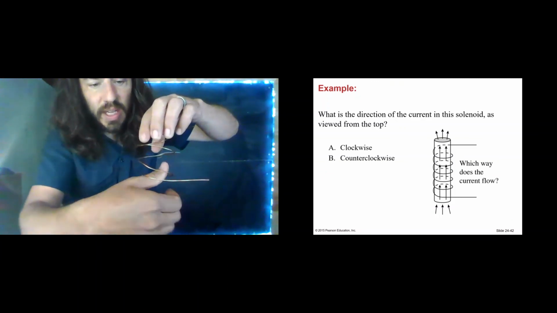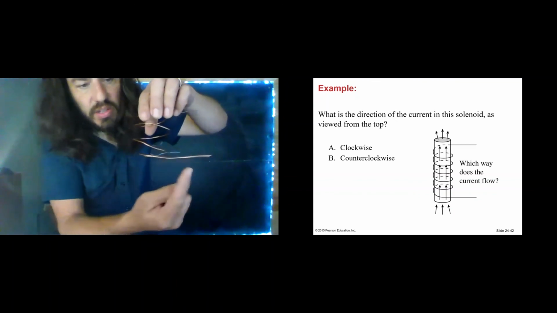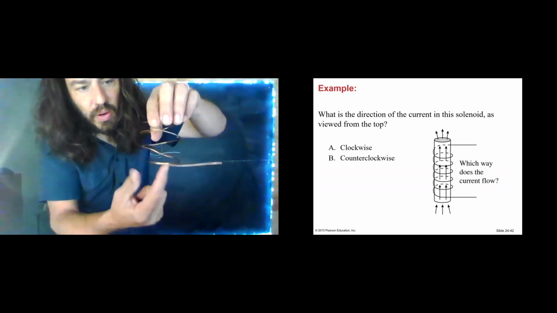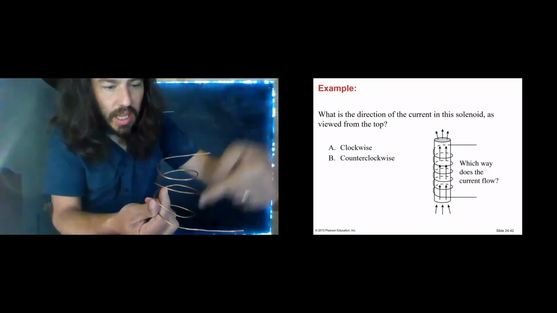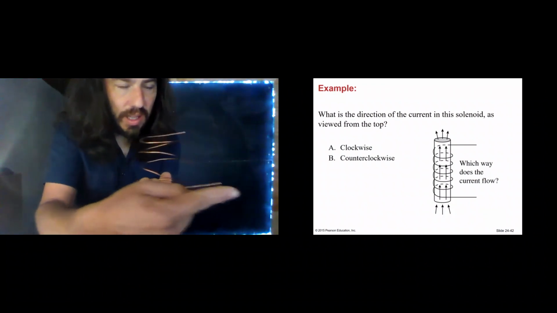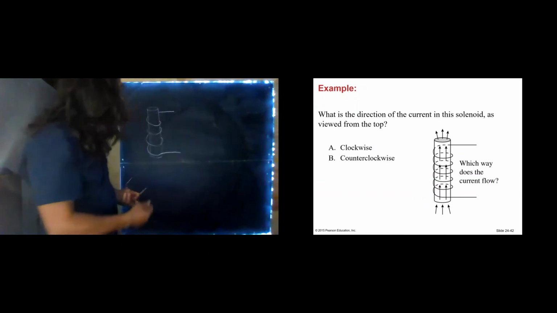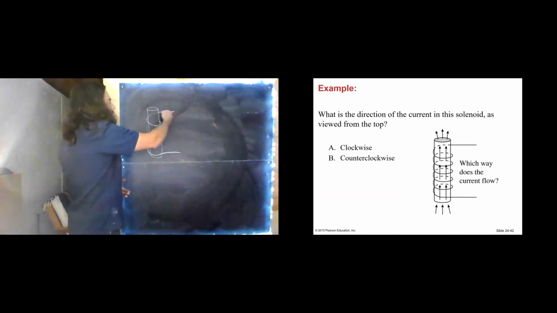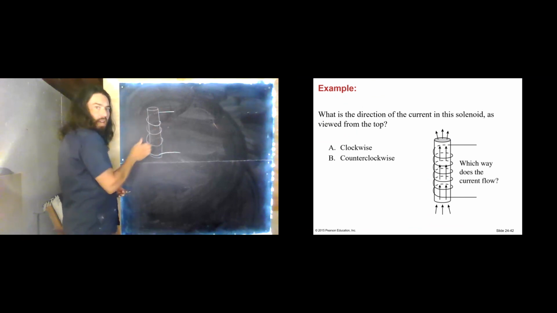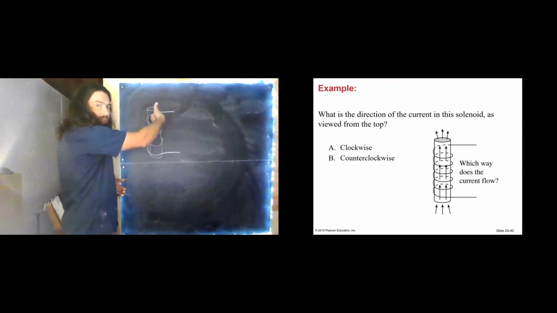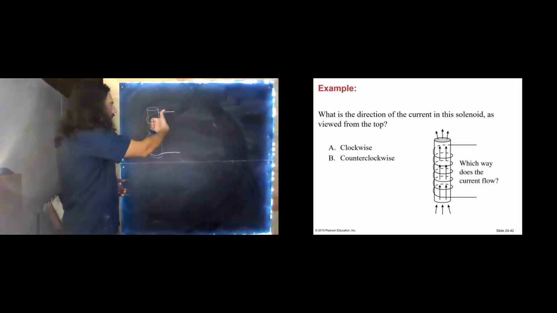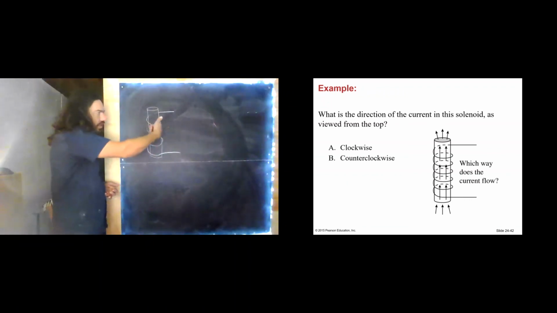And so we can see that it's going in this direction right here, and so therefore it is coming in this side and out this side. Right-hand rule number 1, alternative version. Thumb in the direction of the field on the inside, fingers curl in the direction of the current. So it's rotating like this.